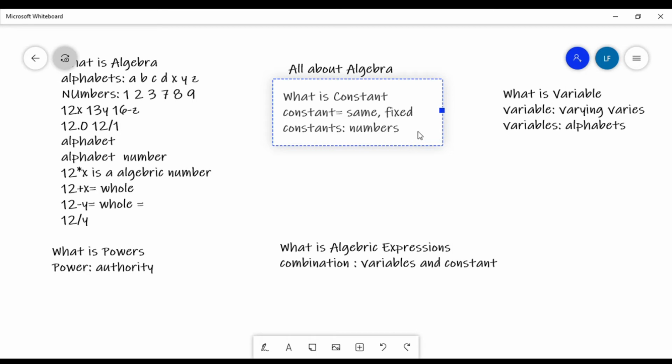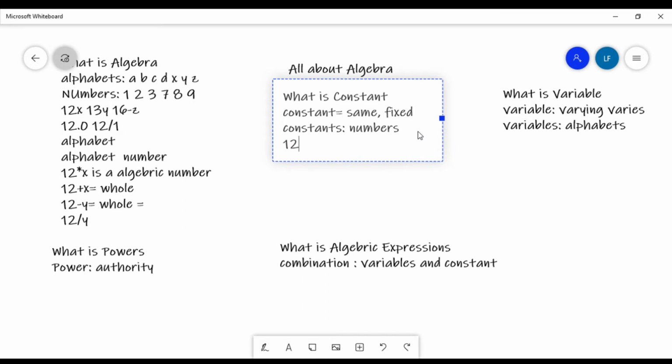That is the meaning of constant. And what are things in algebra that do not vary? Well, they are numbers, because we cannot say that 1 equals 2 or 2 equals 7. We cannot change the values, can we? No. So that's why they're known as constants.